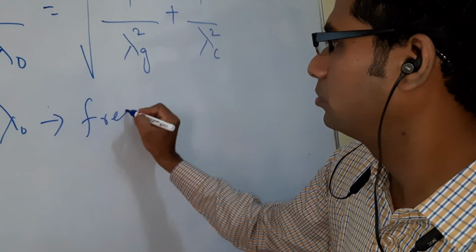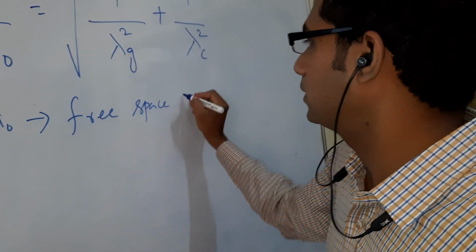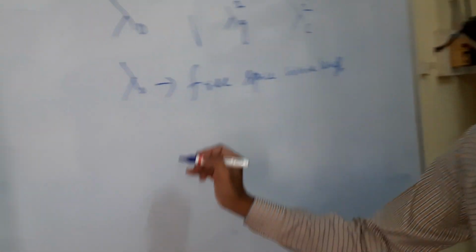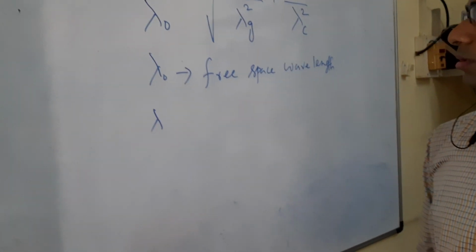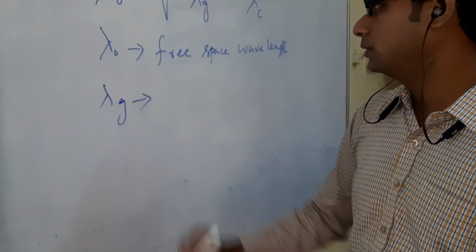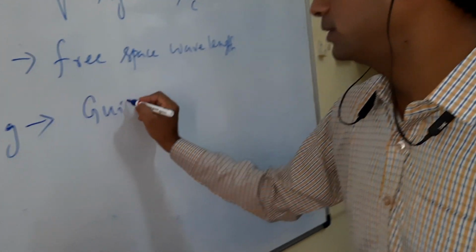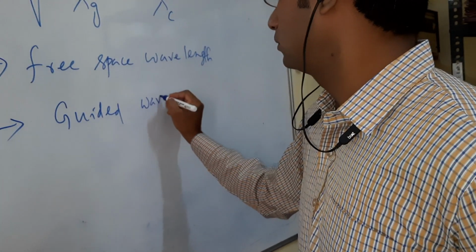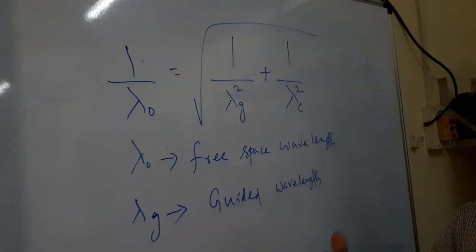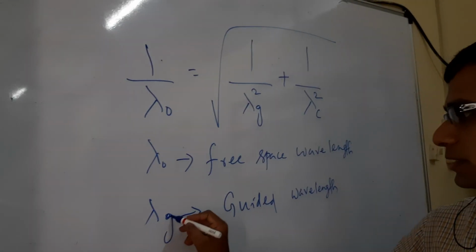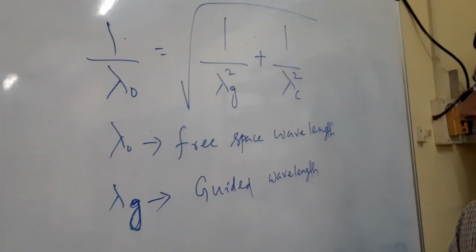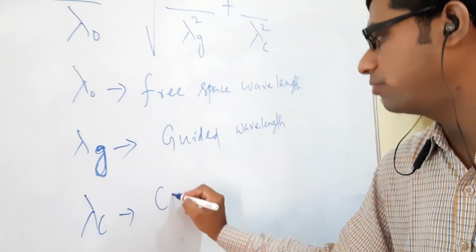Lambda 0 equals the free space wavelength, the wavelength of the wave in free space. Lambda g is the guided wavelength. That means when the wave is propagating inside the waveguide, the wavelength at that time is called lambda g, and lambda c equals the cutoff wavelength.